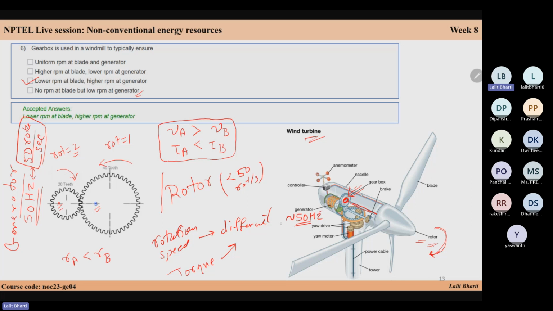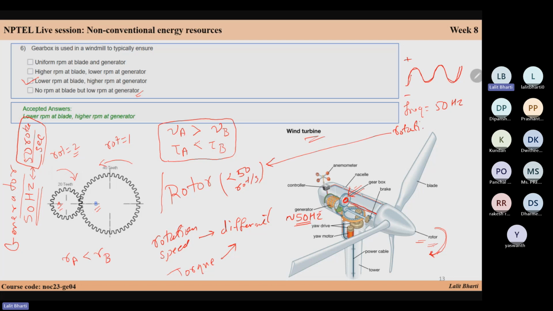This is your AC current. So let's say it is positive, it is negative. So you should have the frequency of 50 hertz. So the rotation speed of your turbine should be, it is written here, around 50 rotations per second.